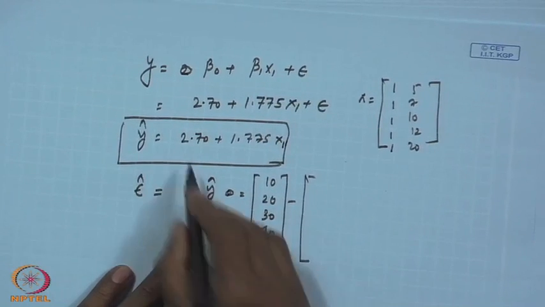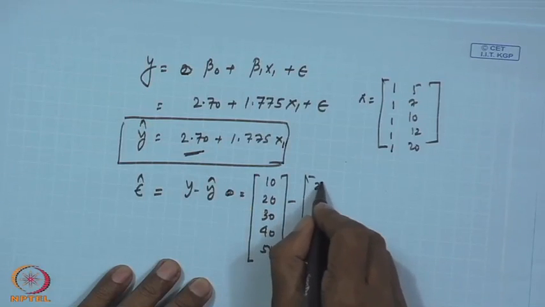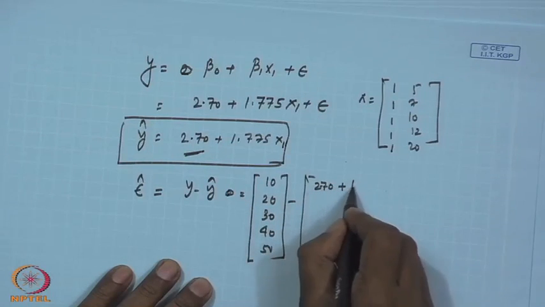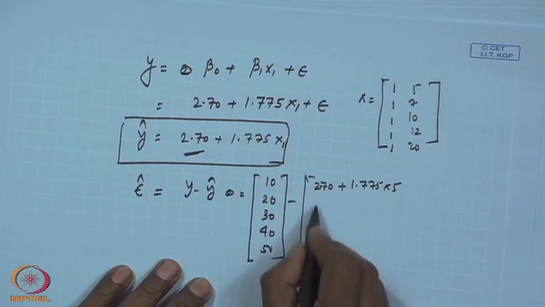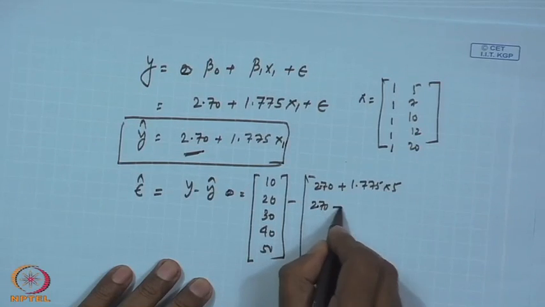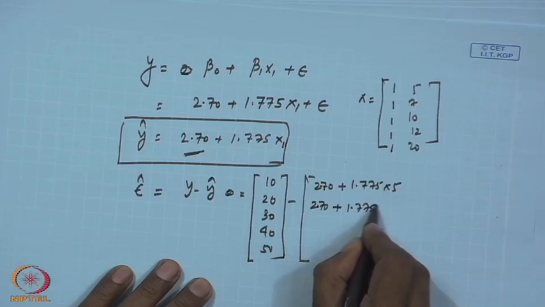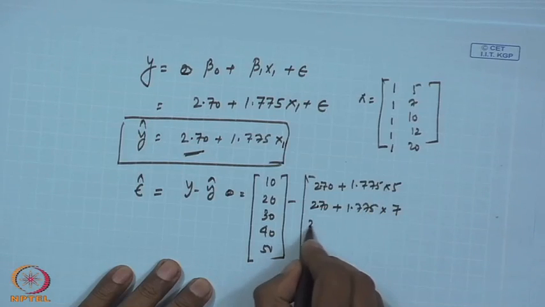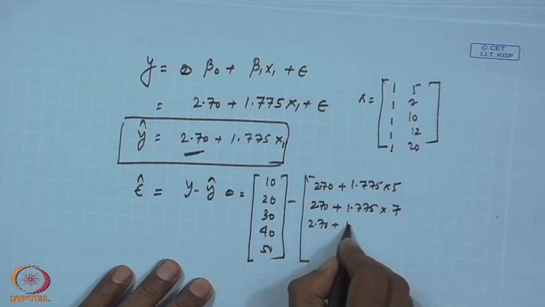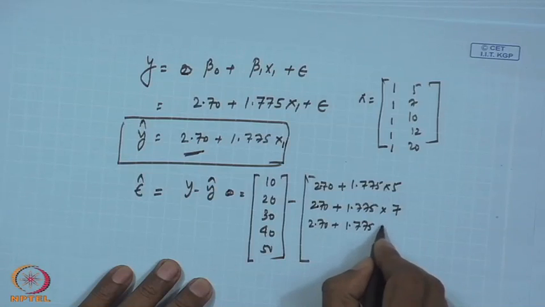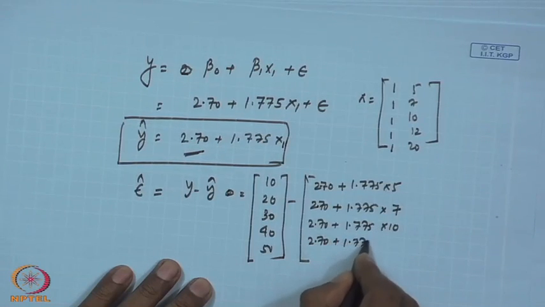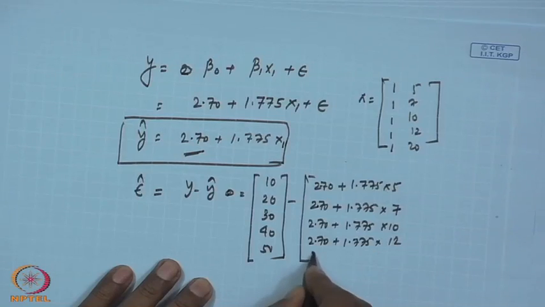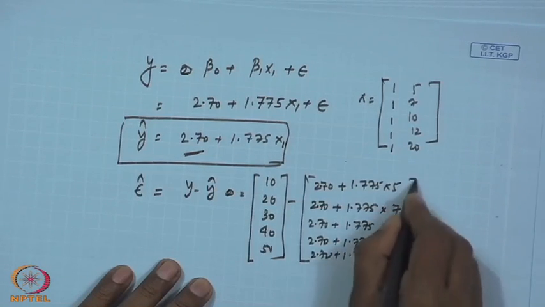Okay, so it is 2.70 plus 1.775 times x1 value, which is 5. 2.70 plus 1.775 times x2 value 7. 2.70 plus 1.775 times x3 value 10. 2.70 plus 1.775 times 12. 2.70 plus 1.775 times 20.